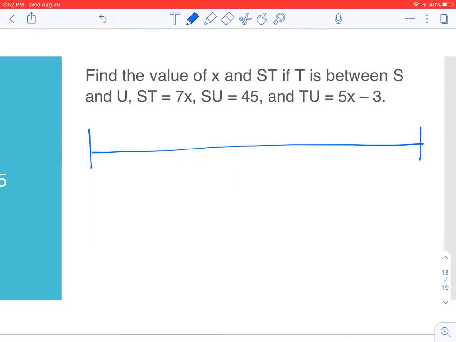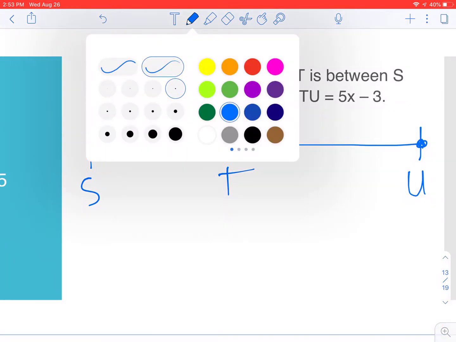Find the value of x and ST if T is between S and U. So we're going to call this S, we're going to call this U, and then we're going to put T somewhere in between because it is between. I'm using a new iPad pen for the first time here. I'm going to label my picture with different colors.